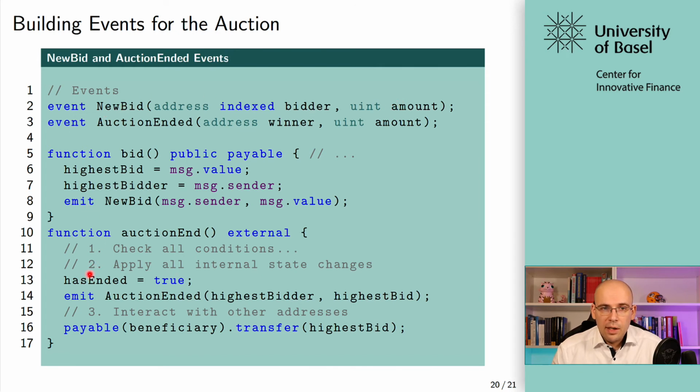And then the second event gets emitted right here as part of the auctionEnd function. So you're saying emit AuctionEnded event, and the two parameters are highest bidder and highest bid, so that you know how the auction actually concluded, who has won, and what this person has paid.